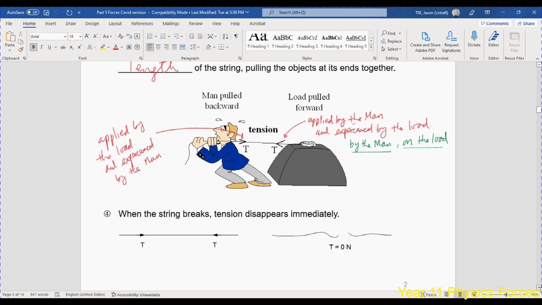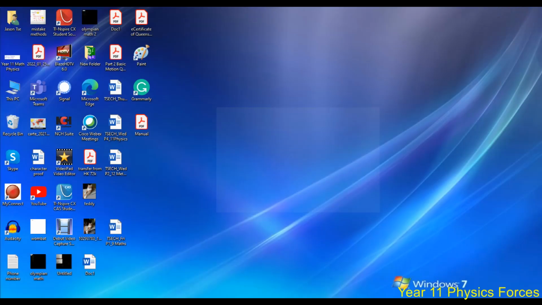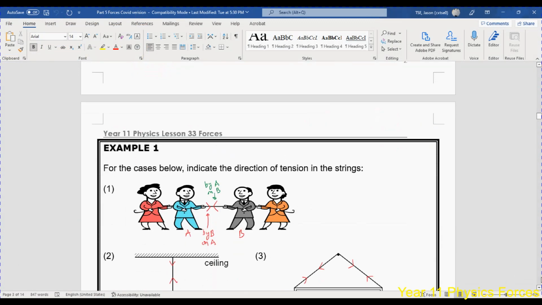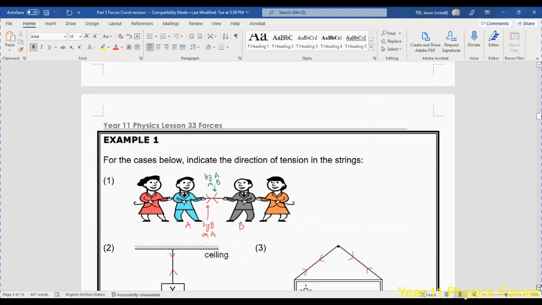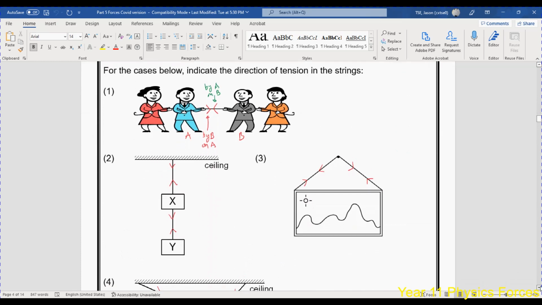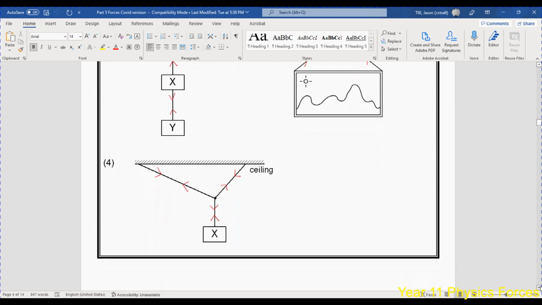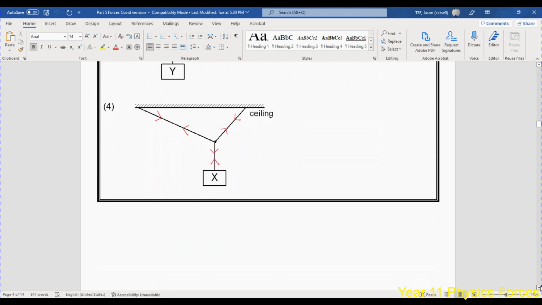For example, the tension on the load is from the man, acting on the load. Last time I mentioned how you can draw tension on certain figures. Those arrows just refer to tensions.